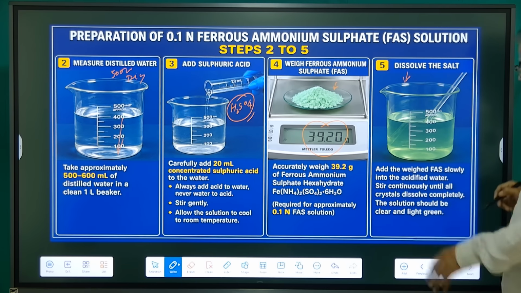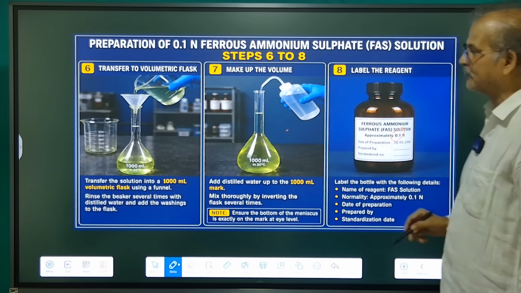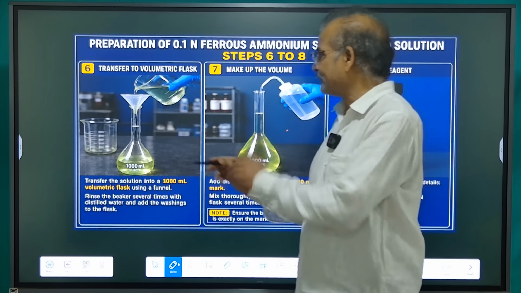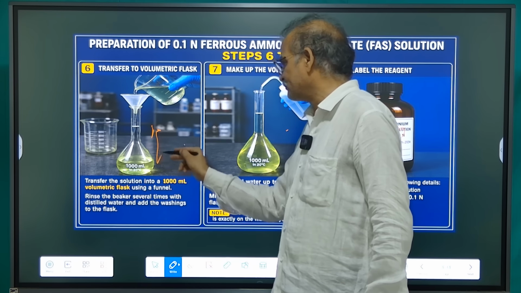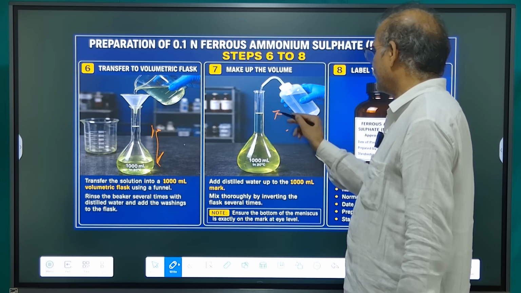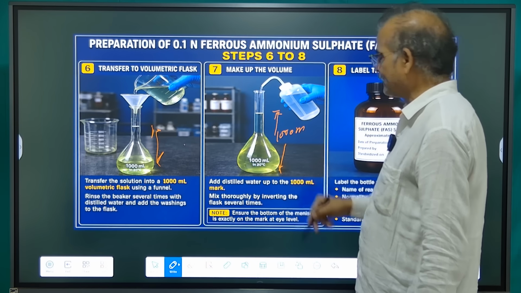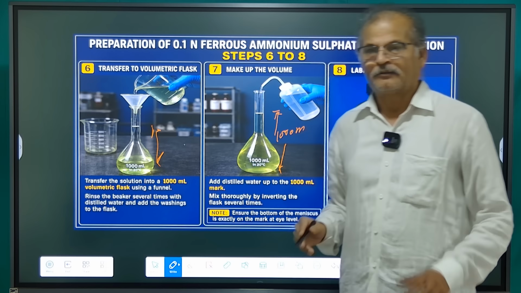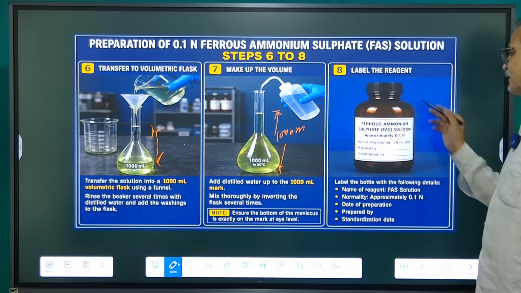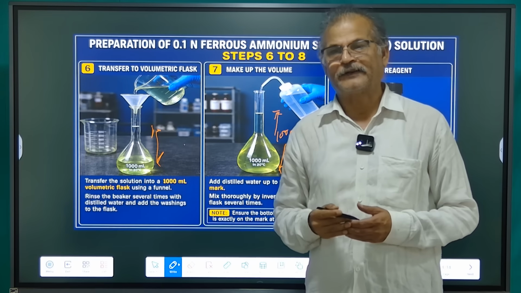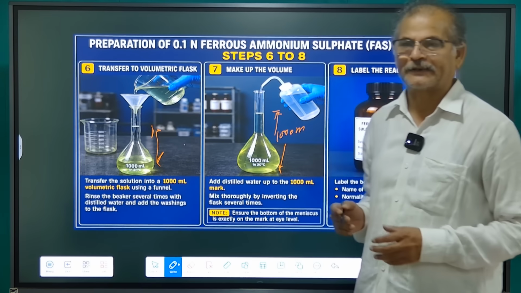We transfer it into the volumetric flask, making sure all the particles are transferred by rinsing. We make it up to 1000 ml by adding more distilled water, so our solution is ready for the test. We should store it properly by labeling it. That is how we prepare our ferrous ammonium sulfate for the titration.